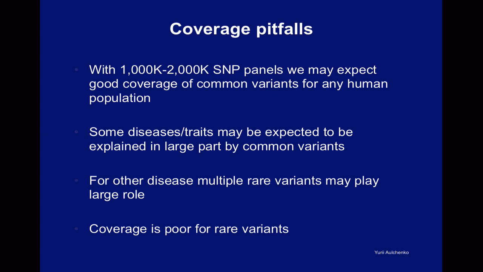And you should keep in mind that SNP arrays which are designed to capture common variation are not capturing rare variation. Well, right now, for European populations, the exome chip was designed to specifically capture rare variants, but that's a slightly different story, and this type of designed chip would not work for other populations, because rare variants are very different between different populations.